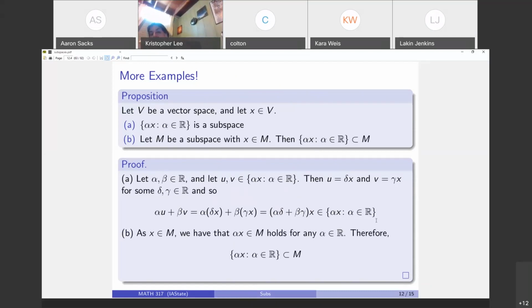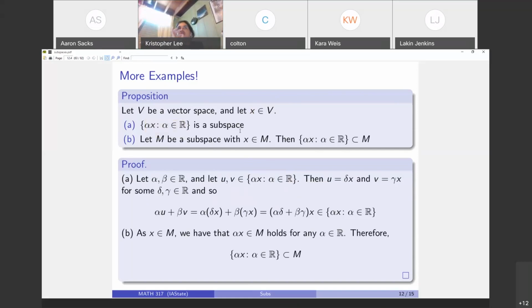So if we were to recontextualize what's going on here, this is saying that for any element x, pick anything x in our set, we can create a subspace that's explicitly based off of it. And furthermore, this subspace has a really unique property.